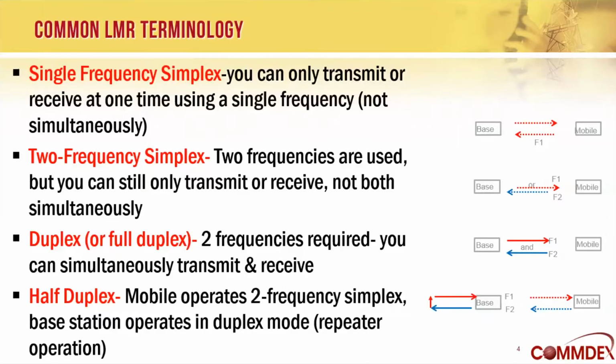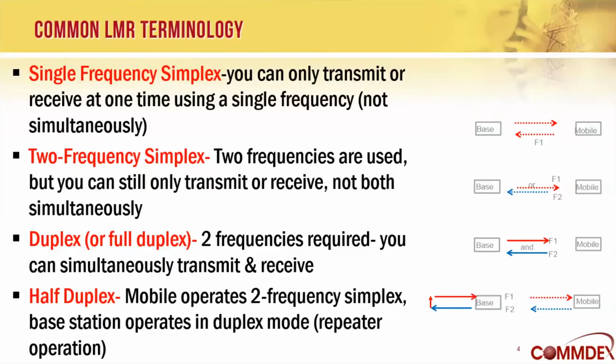But we have a hybrid in there called half duplex. The mobiles and portables that we use in land mobile radio generally operate in simplex mode. They can be on one frequency or 2 frequency, but they still can't talk and listen at the same time. But we're going to talk in a minute about repeater operation.